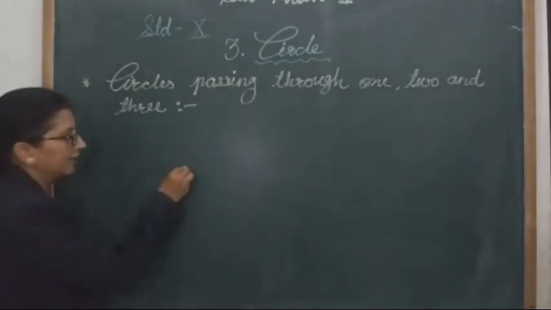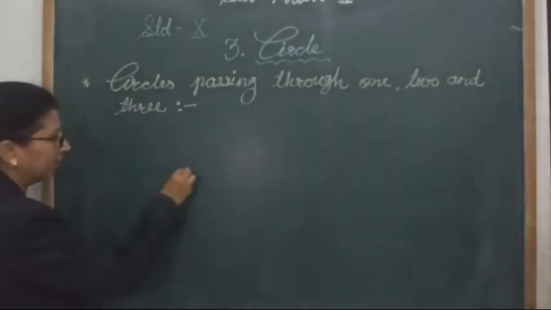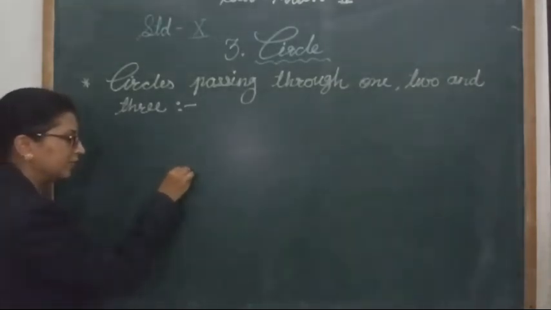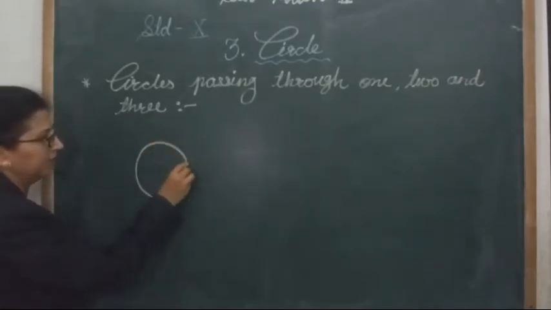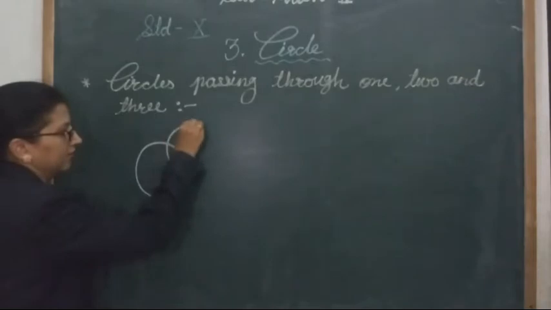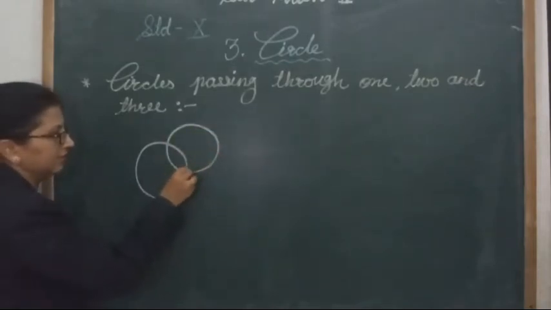Here, let's take this point. Now draw a circle passing through this point. Then this is another circle.